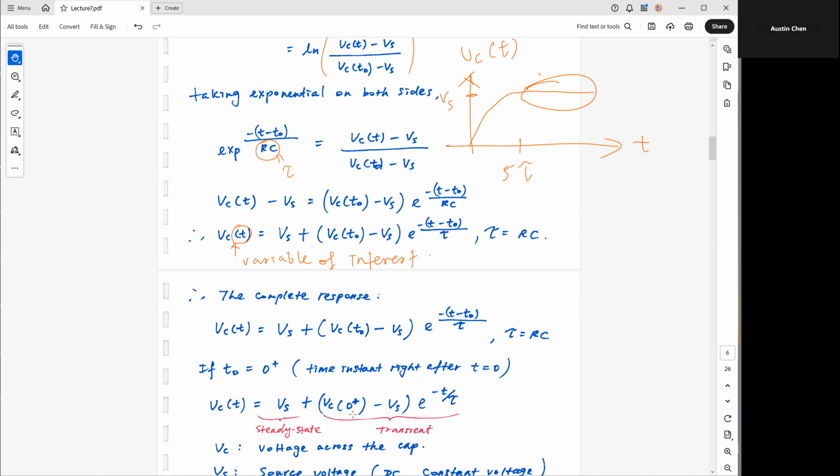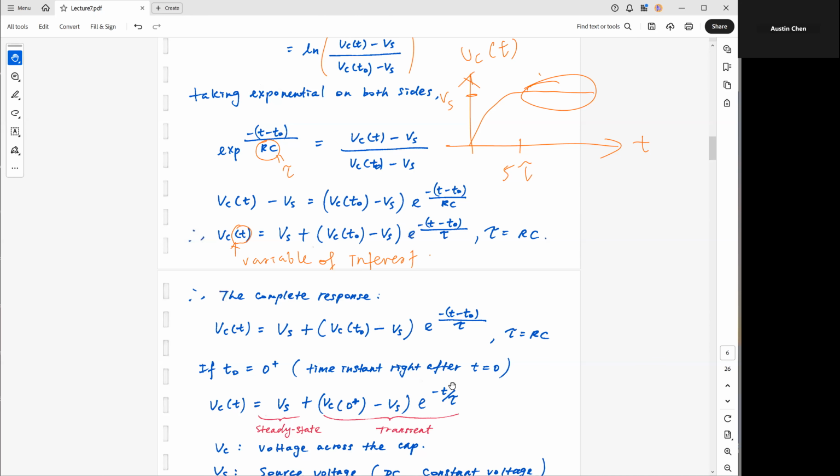Now anything that is not steady state, for example over here, is considered transient. And it makes sense because if you look at this term, I have this exponential function. This exponential function comes from the natural response, and it is going to give you the rest of the response, and this is the transient.